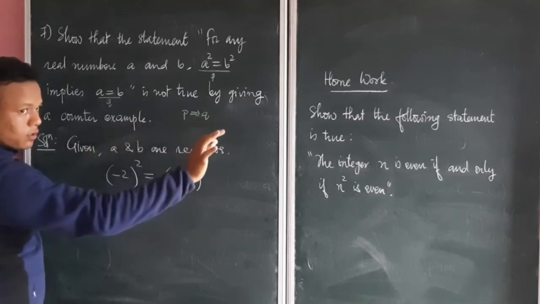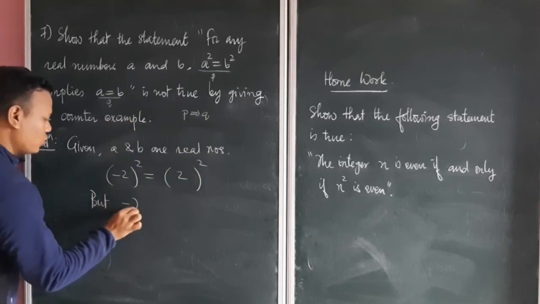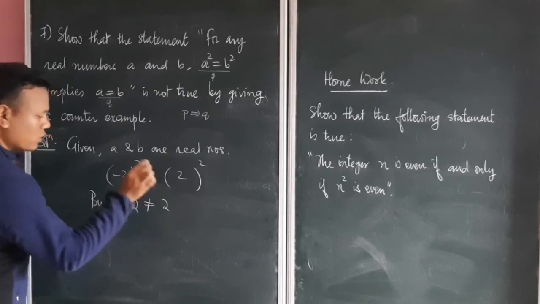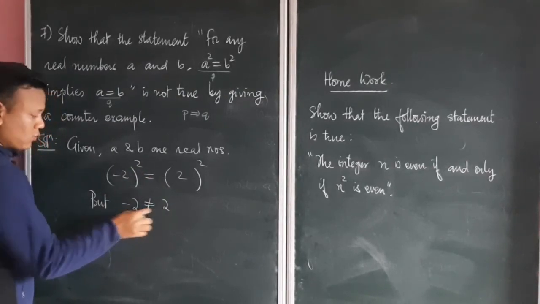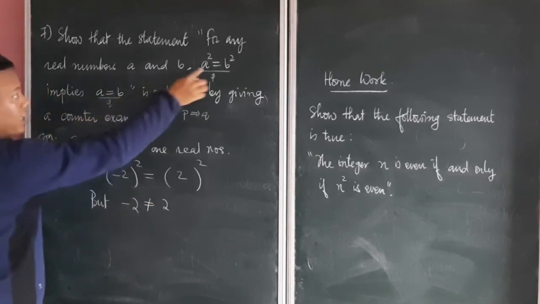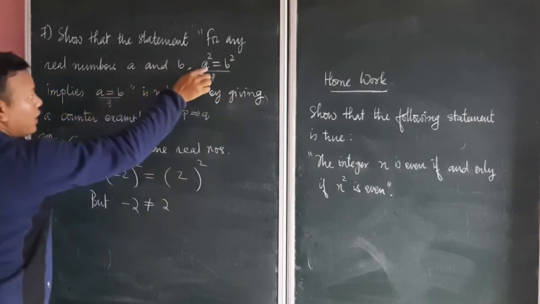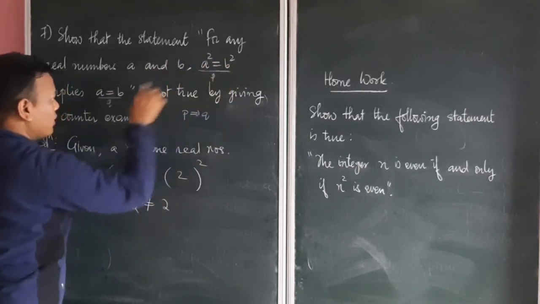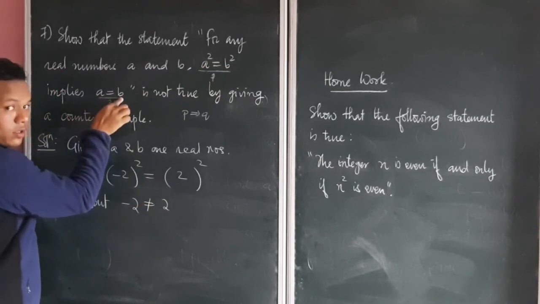That is p is true, but -2 is not equal to 2, isn't it? So -2 is negative and 2 is positive, so they cannot be equal to each other, which is against this, right? See, a square equals b square, this is fine, but a and b are not equal, whereas here it is stated that they are equal, right?